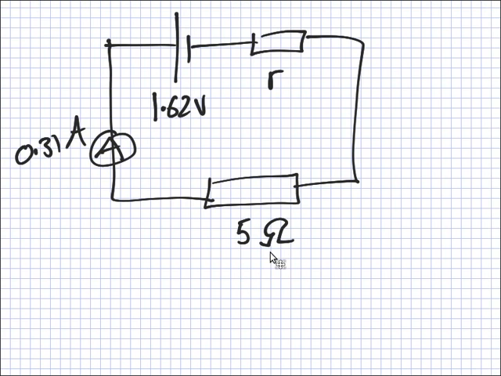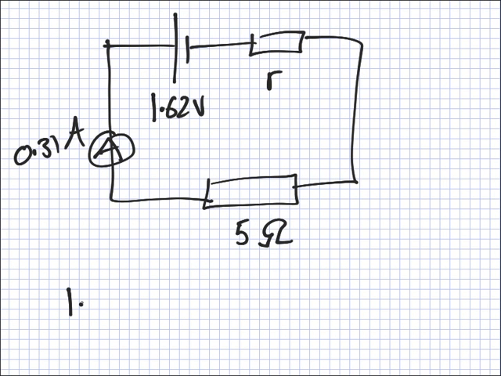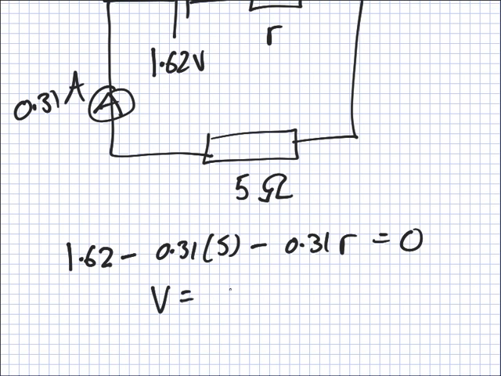So it's 1.62 minus 0.31 times 5, because V equals IR, minus 0.31 r equals 0. But you're right, there's the other formula you could have used that said V equals E minus Ir.